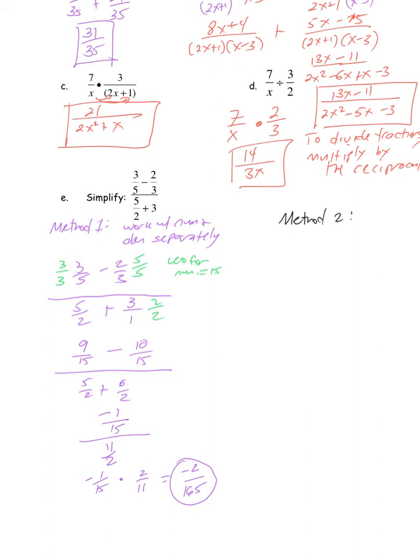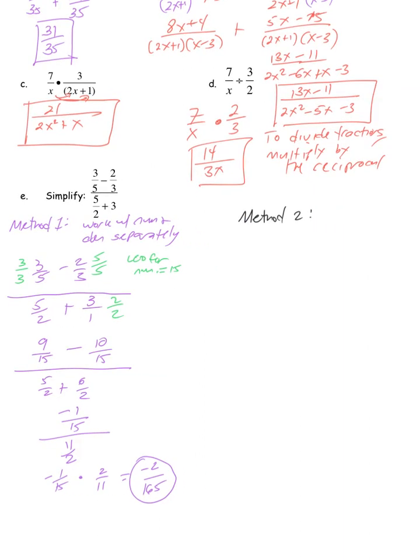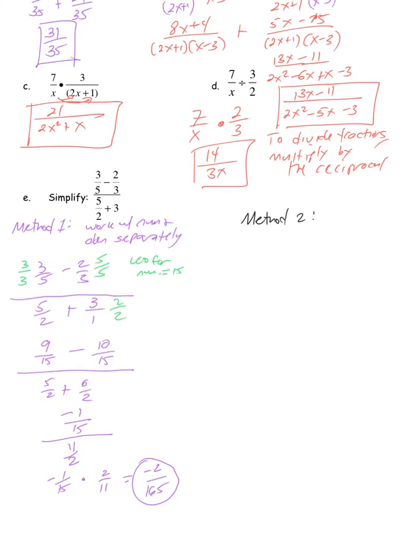So method 2, what we're going to do is multiply by the least common denominator of all the fractions, by LCD of all denominators, over LCD of all denominators. That's going to be our funny form of 1.